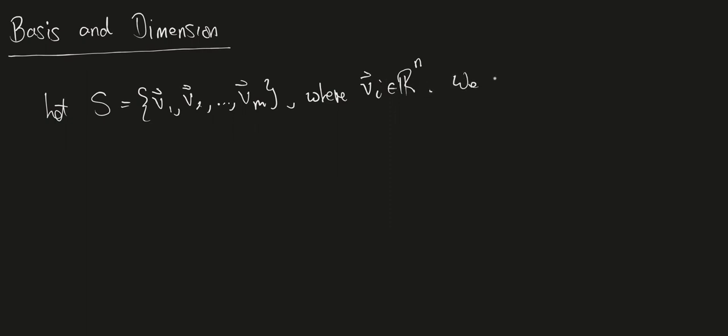We say S is a basis for that n-dimensional Euclidean space, provided these two things occur.